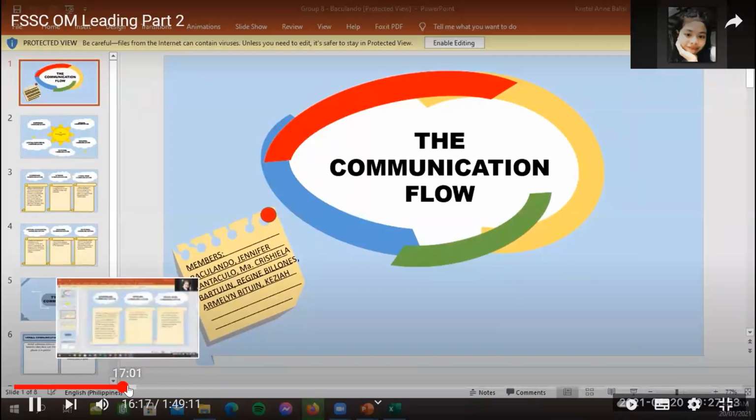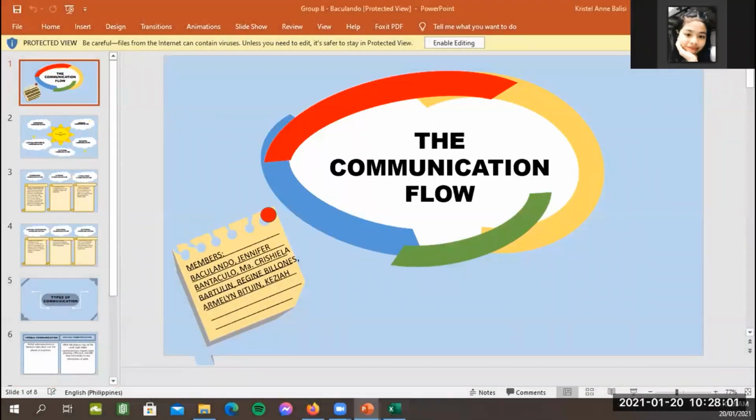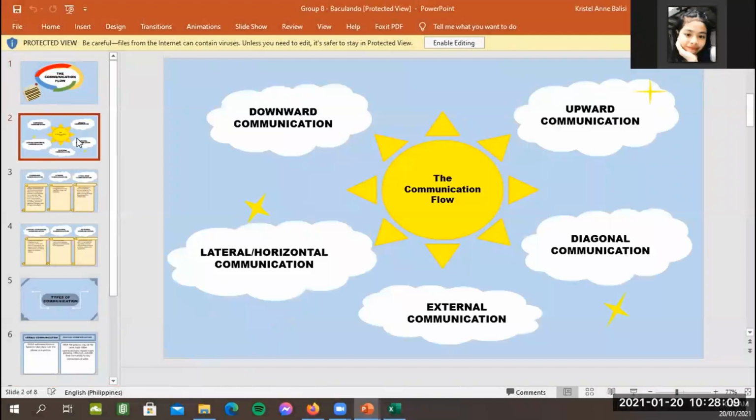We have 6 types of communication flow. First, downward communication, upward communication, crosswise communication, lateral or horizontal, diagonal, and external communication. First, I will discuss downward communication.